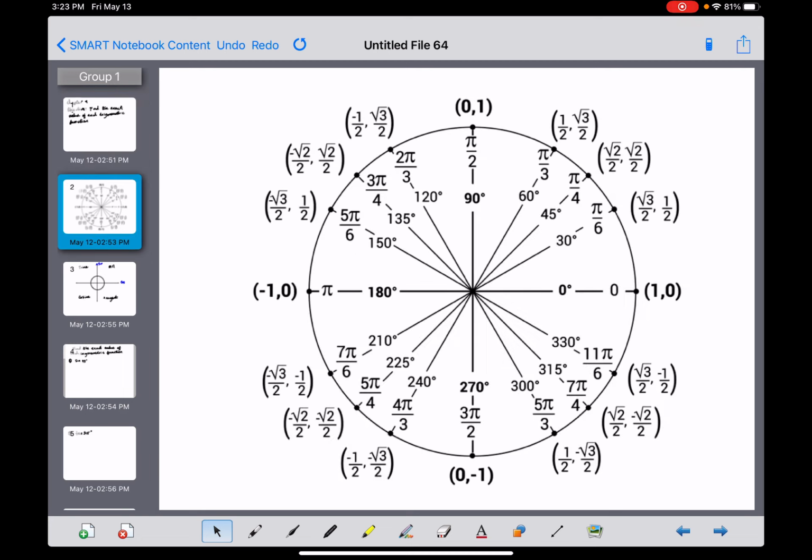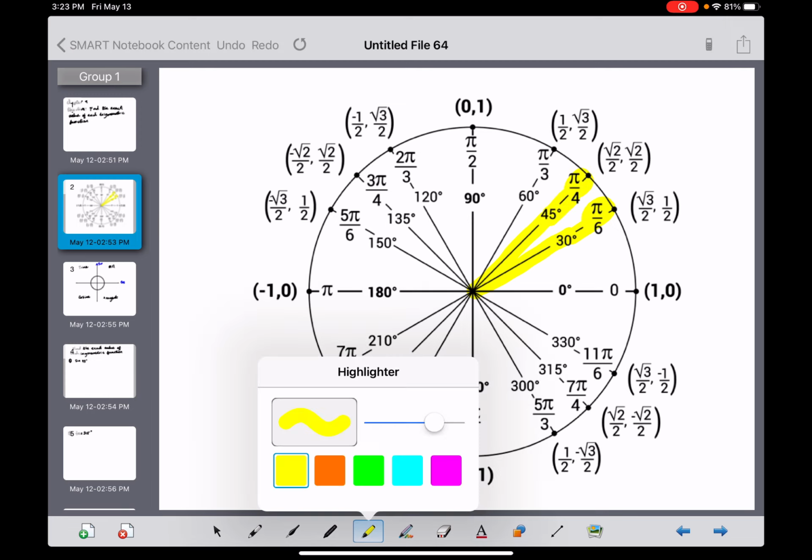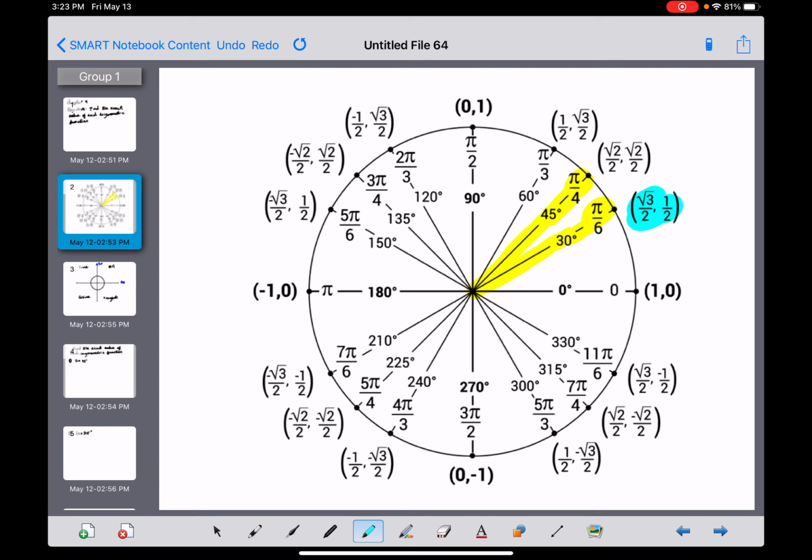So this is the unit circle right here. We learned how to draw an angle, right? 30 degrees, 45 degrees. And then we also learned how to convert from degrees to radians or radians to degrees. And the values that you guys are seeing out here, those are the values that we're going to figure out how to find later on in today's lesson, okay?